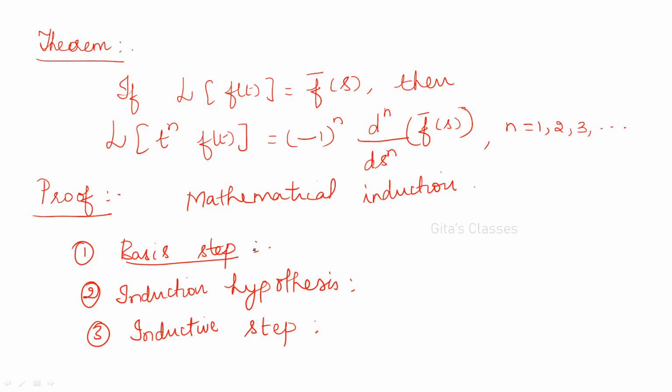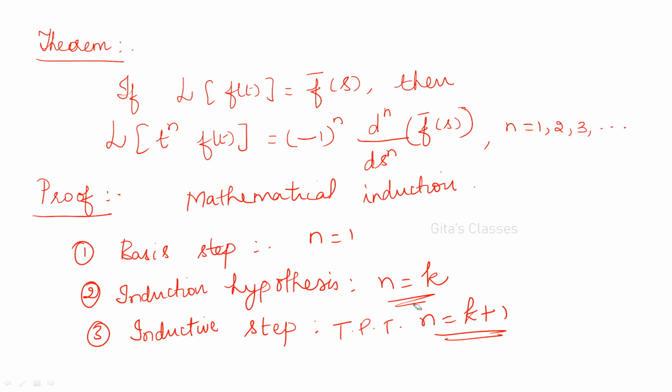Okay, so in the basis step, we are going to prove that the result is true for n is equal to 1. And we will assume that the result is true for n is equal to k, and you have to prove the result for n is equal to k plus 1.